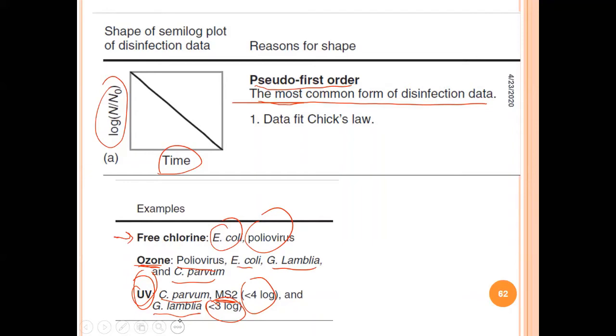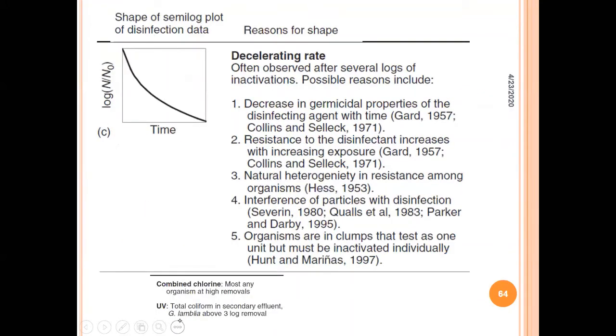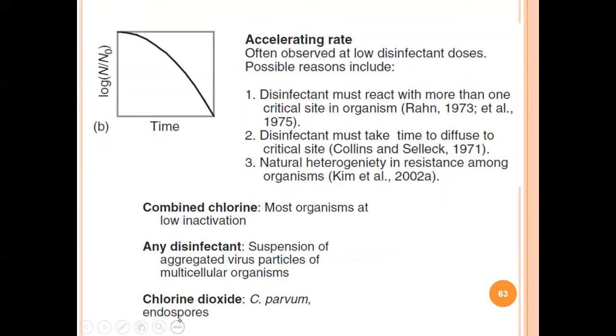But sometimes we have deviations from the Chick-Watson law. You see the rate of disinfection accelerates with time, and its shape is like this. It is not a linear equation, but more than linear.